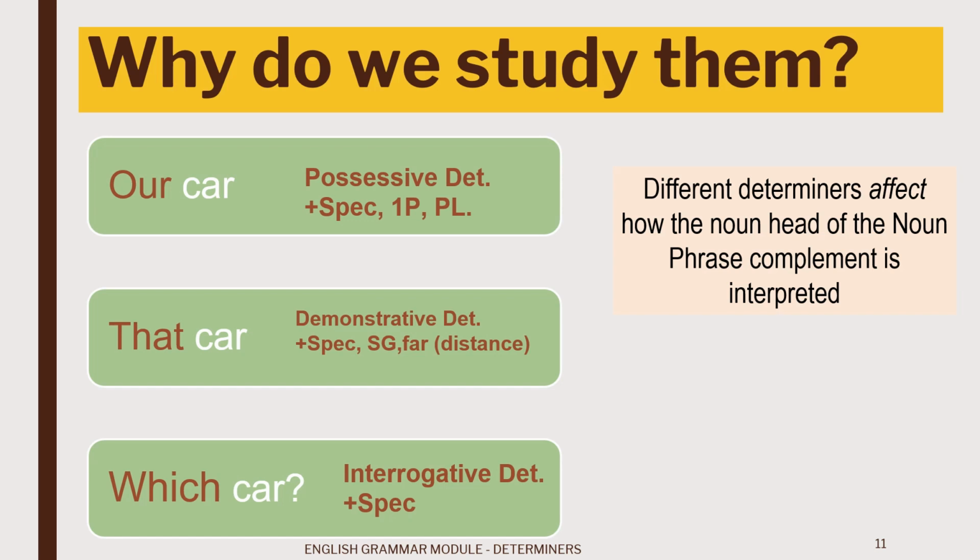In our car, there is a possessive determiner, which is plus specific and carries information about first person, plural. That car is a DP, whose head is a demonstrative determiner, which is plus specific and carries information about singular number and far as regards distance. And last, which car is again a determiner phrase whose head is an interrogative determiner, and we can say that it is plus specific.